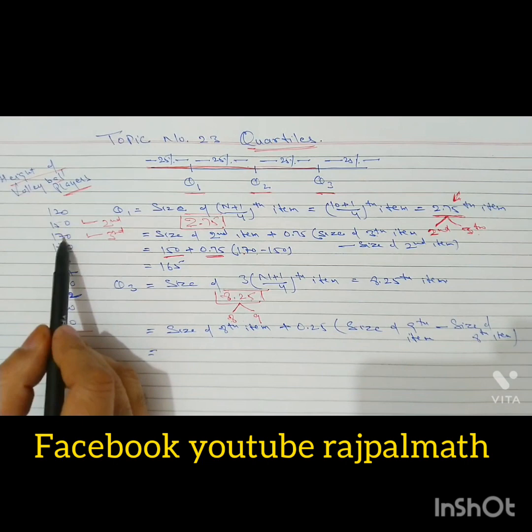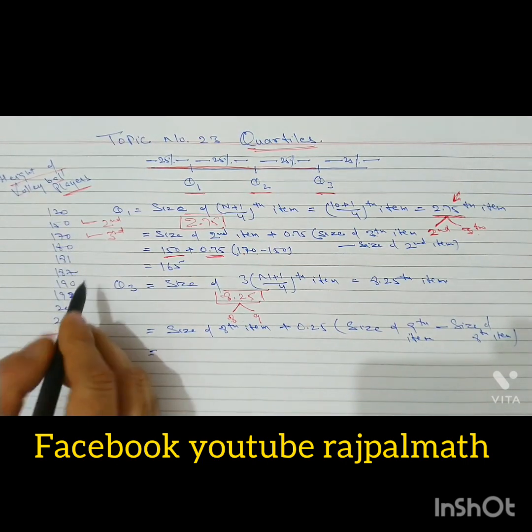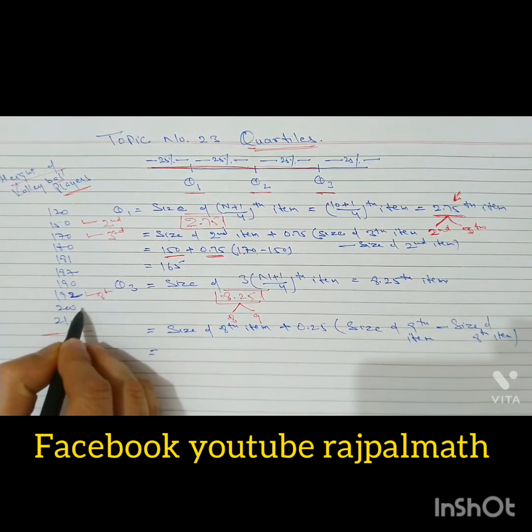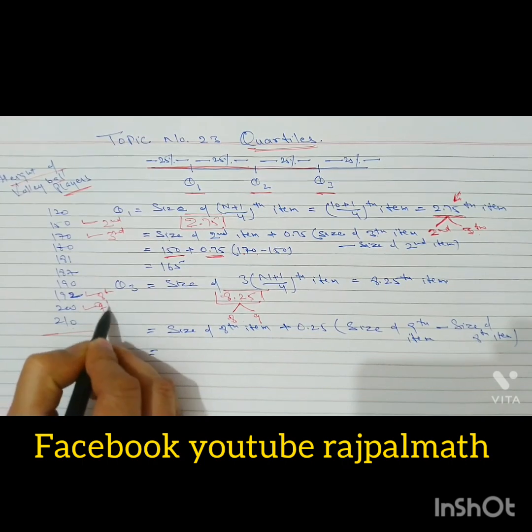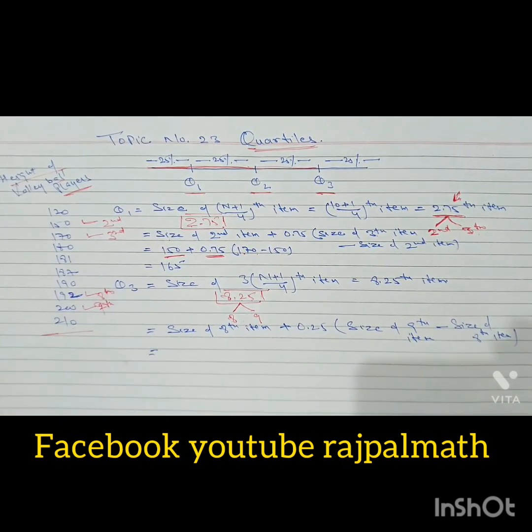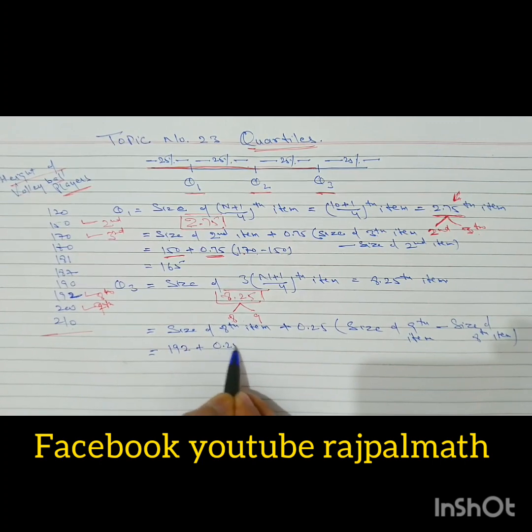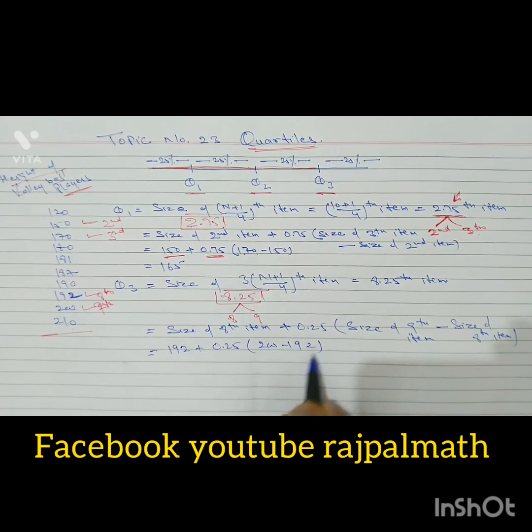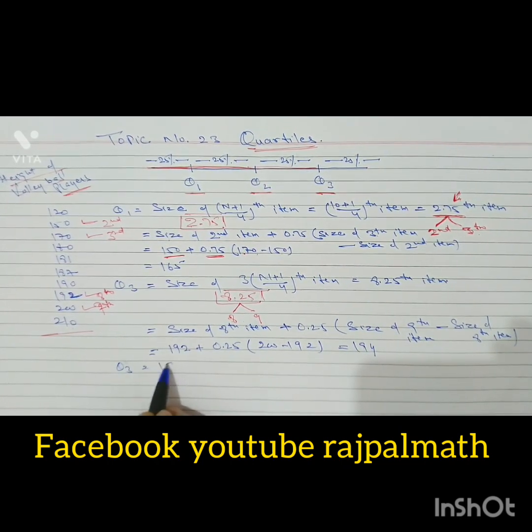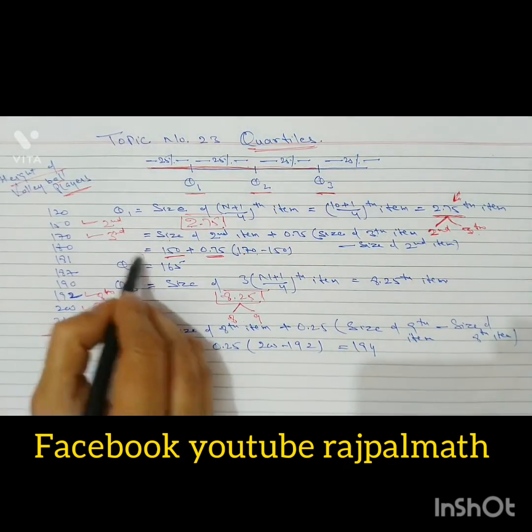Now 1, 2, 3, 4, 5, 6, 7, 8. 192 is the 8th item and 200 is the 9th item. By putting in these values, we get 192 plus 0.25 into (200 minus 192), equal to 194. Q3 equals 194 and Q1 equals 165.